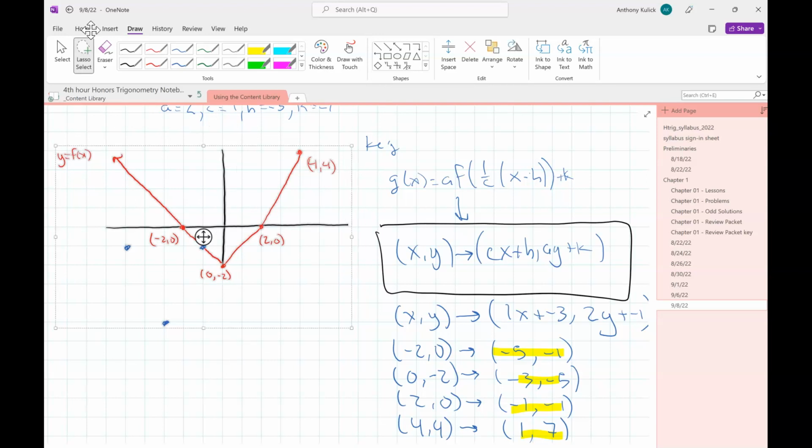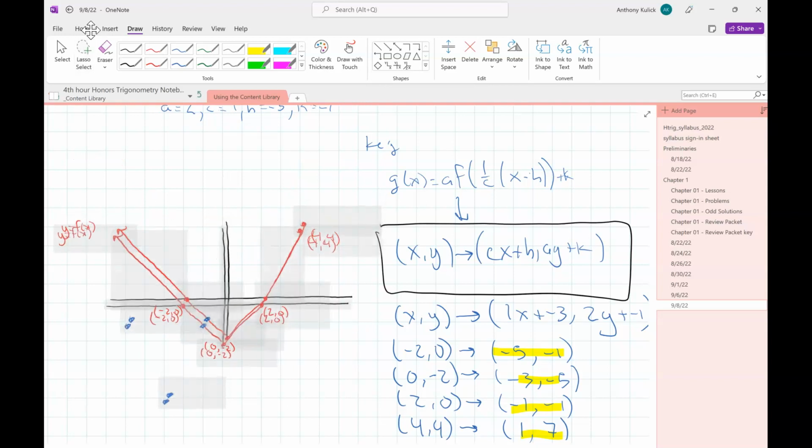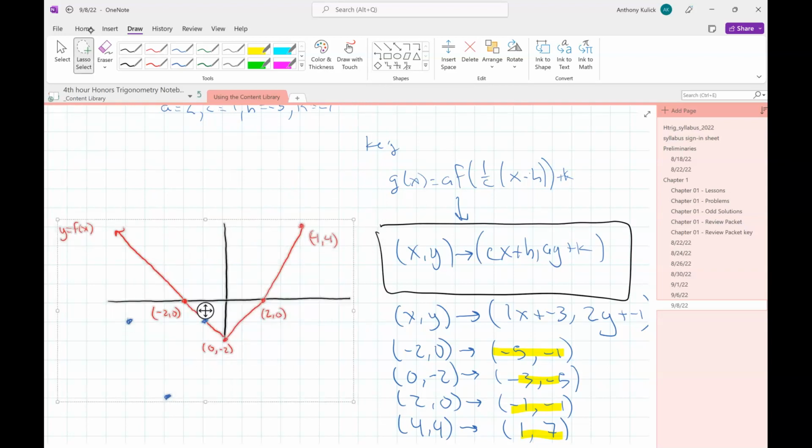Didn't leave myself enough space. That's pretty good. 1, 2, 3, 4, 5, 6, 7. Try to do a better job on that. There's g of x.